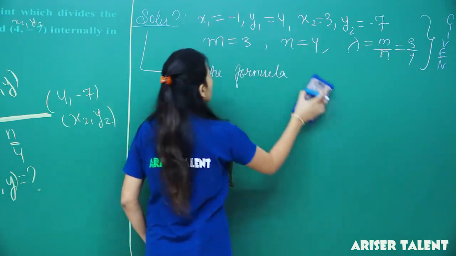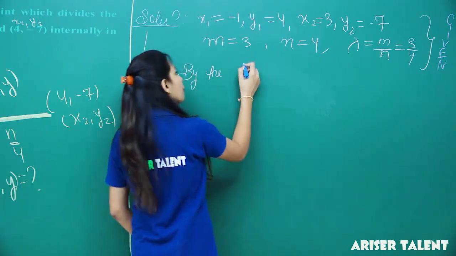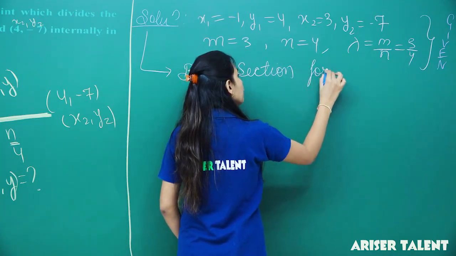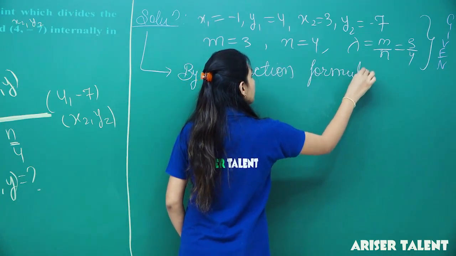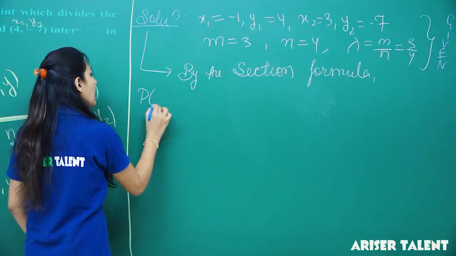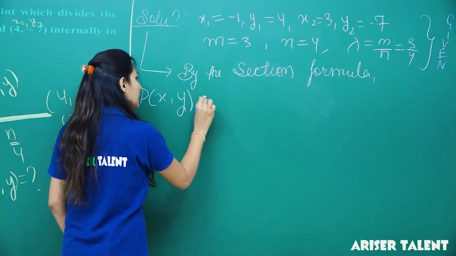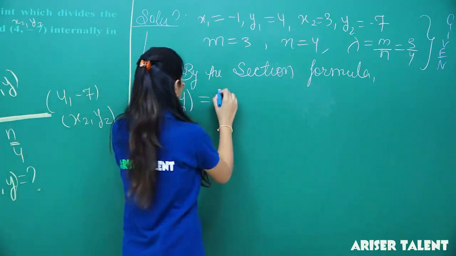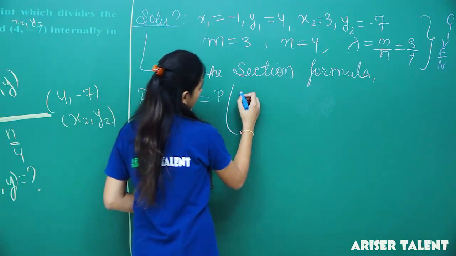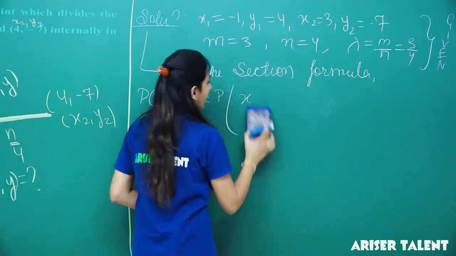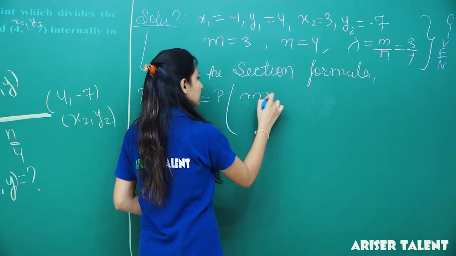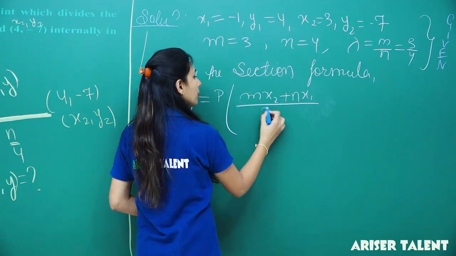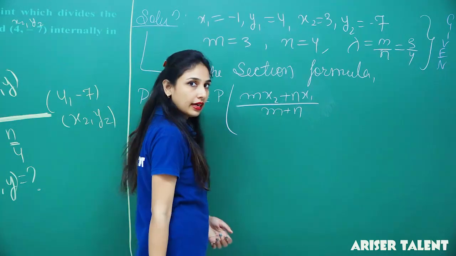So I should write here, by the section formula, P(x, y) equals ((m x2 plus n x1) upon (m plus n), (m y2 plus n y1) upon (m plus n)), right?